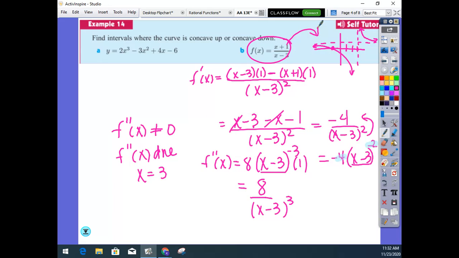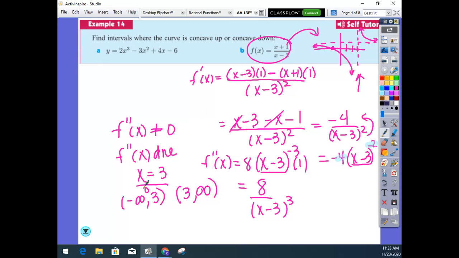All right, so we're just going to use where x is 3. That was where the original function had an asymptote. That's where it breaks up. And I'm going to go from negative infinity to 3, but I'm not going to include 3 because 3 is an asymptote. And then I'm going to look from 3 to infinity.